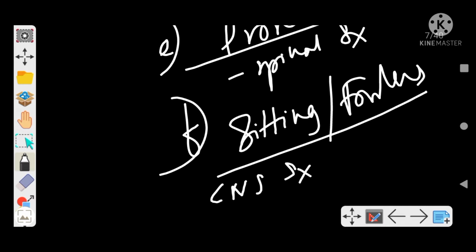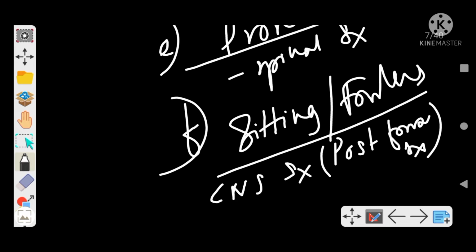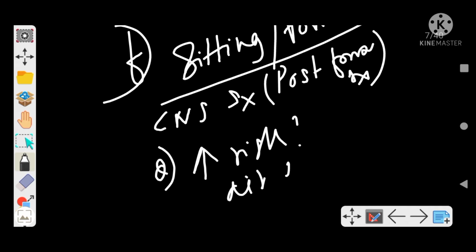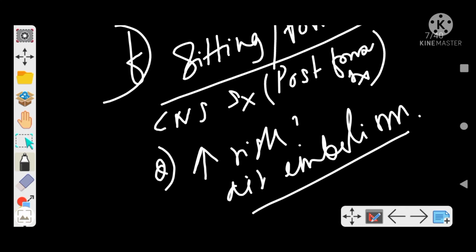CNS means central nervous system surgery, or you can say posterior fossa surgeries. But there is a risk in it, and this is where the question is asked. There is increased risk for air embolism in this particular position. Increased risk for air embolism, very important, right?